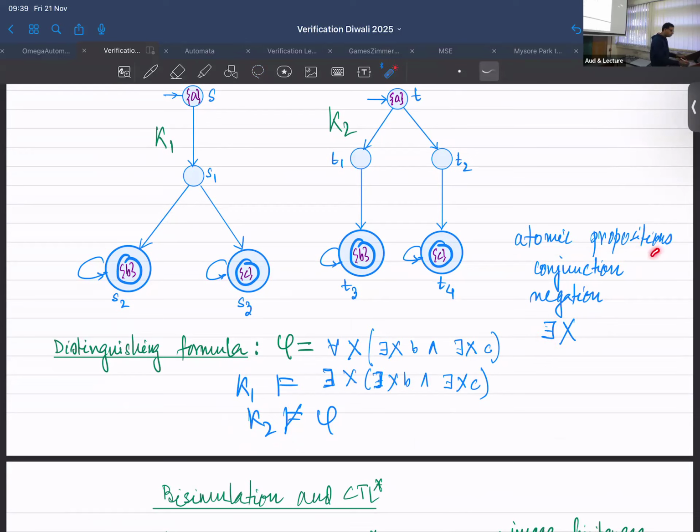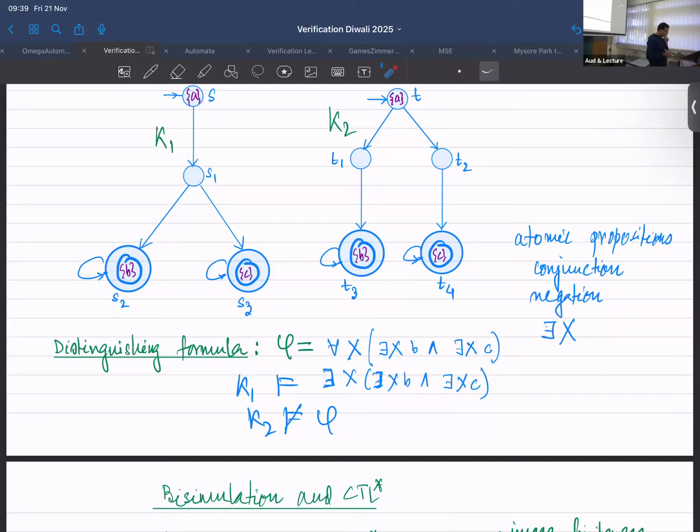So you can just use these to find a distinguishing formula. So if the two Kripke structures are bisimilar, you can have a tighter result, which says that they should agree only on this set of formulas. That should suffice, formulas with this set of operators.